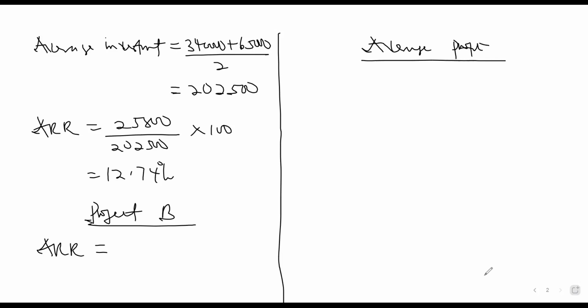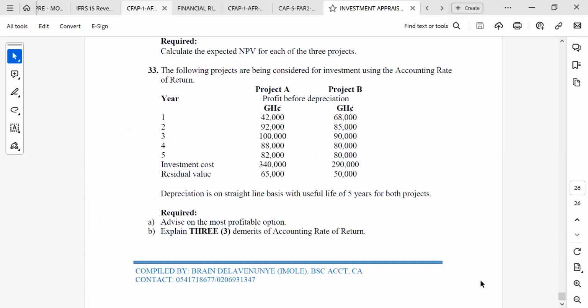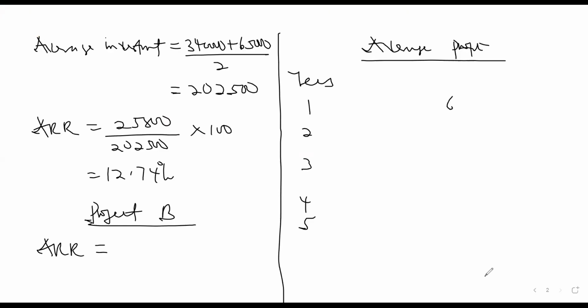So the average profit, what you do is you just find the profit for each year and total the profits. So we have year 1, year 2, year 3, year 4, year 5. What is the profit for each of the years under the second one? We have 68,000, 85,000.